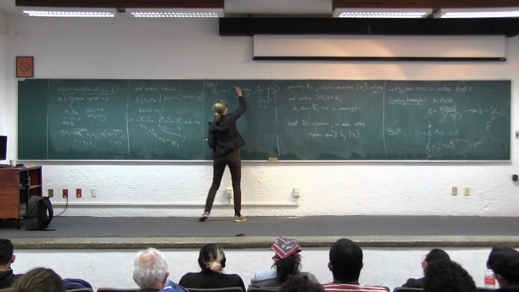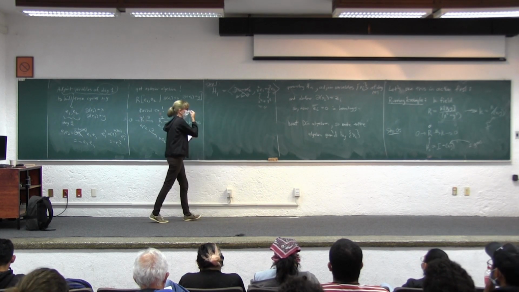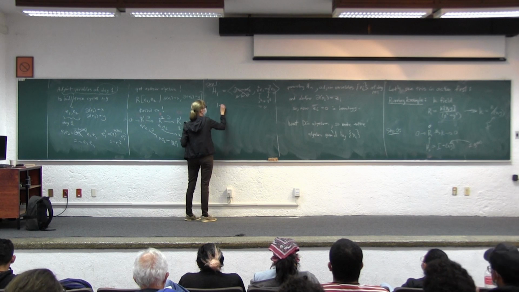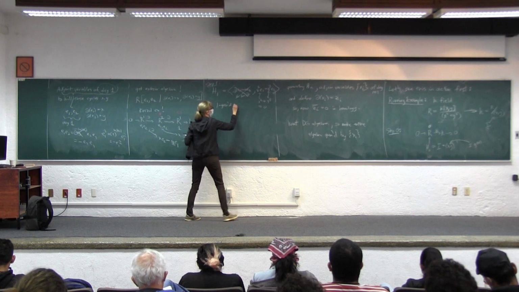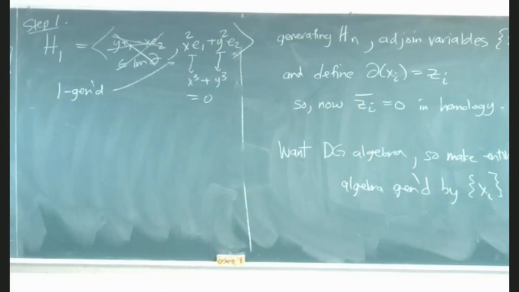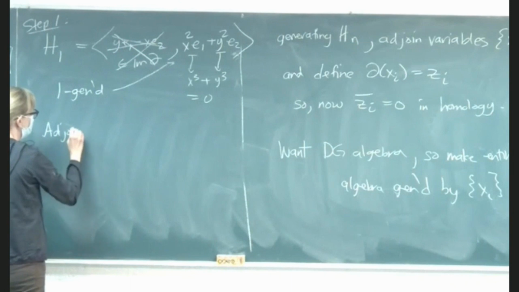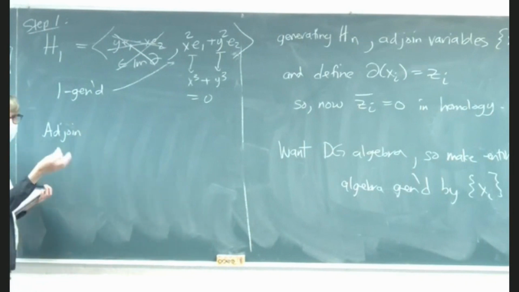Okay. So actually, there's just one thing. So there's this guy, it's one generator. Namely, that's the generator. And so that's sitting here, and it's not happy because it's not an image. So we have to put something here in degree 2 to hit it. Okay, so adjoin, sorry, my names of variables are weird.